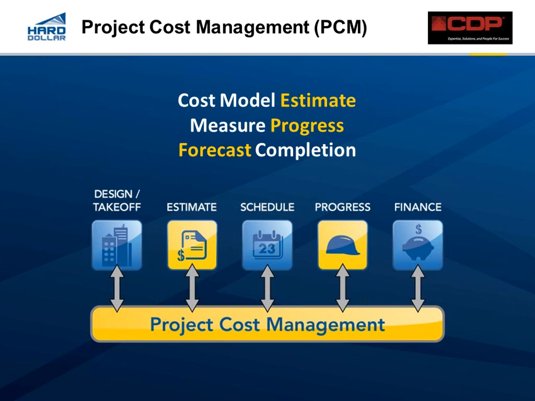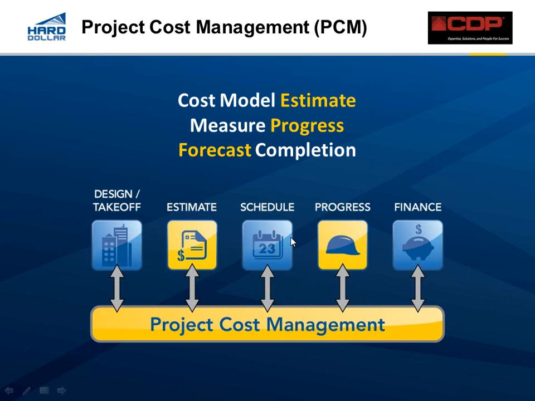So what is HardDollar? If you look at this graphic, this kind of sums it up. The major things that folks tend to get involved in when you're taking a project through the life cycle: you kind of start with some sort of design, takeoff, engineering that goes on to really determine and define the scope of the project. Then you get into some sort of estimating, budgeting, cost modeling stage.